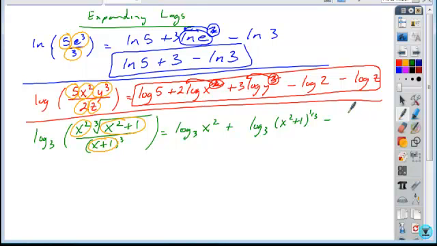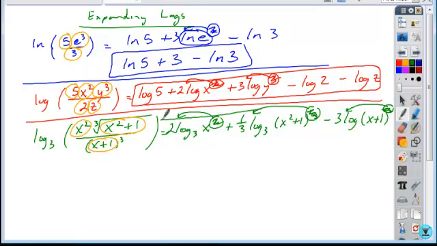It's in the denominator, so we're going to use a minus log of x plus 1, and then that's being cubed. So the only other thing left in each of these cases is to move our powers into the front as a multiplier. And that works for all 3 terms, and this would be our expanded form.